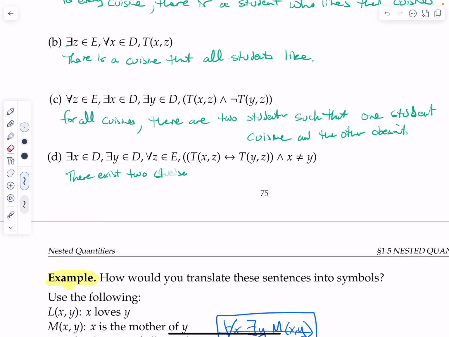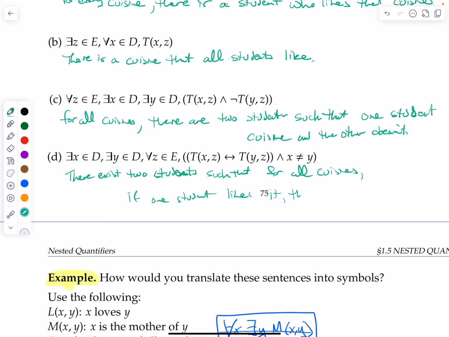Of students, if only I could write, such that for all cuisines, if one student likes it, the other does too.